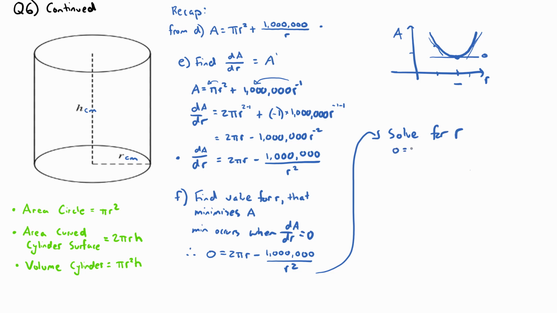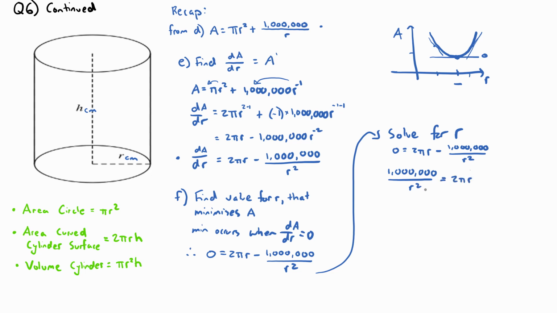So now we need to solve for r. We have 0 equals 2 pi r minus 1 million on r squared. I'm going to take this right hand term, negative 1 million on r squared, over to the left and make it a positive. So 1 million on r squared is equal to 2 pi r.